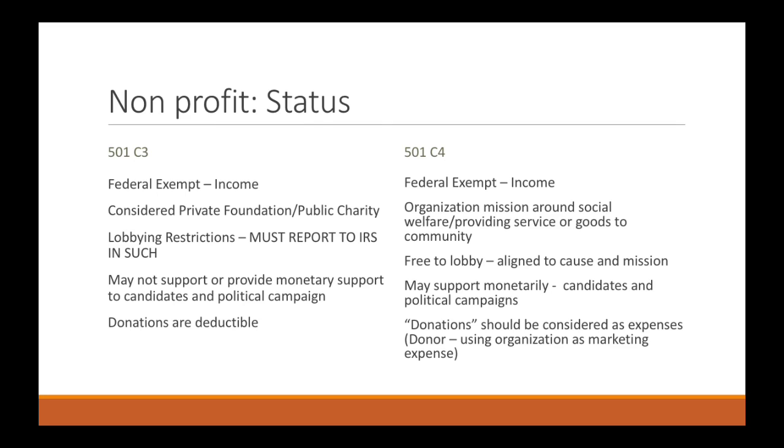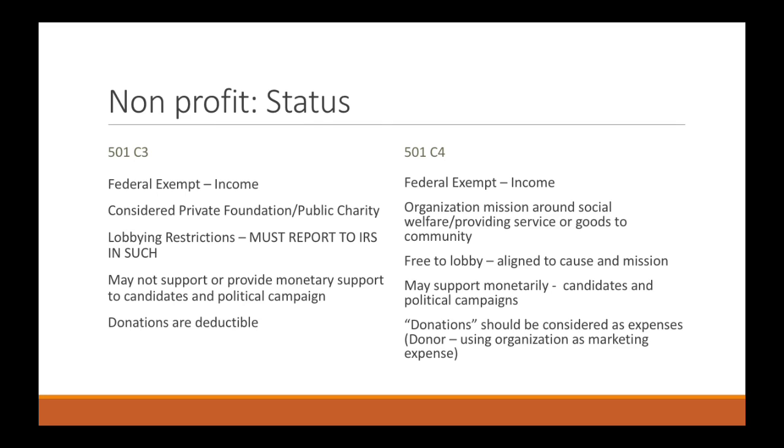On a 501c3, there are very strict lobbying restrictions. Under 501c3, lobbying restrictions push for it to be reported over to the IRS. And as such, any lobbying needed or performed under the C3 will have to be reported over to the IRS.